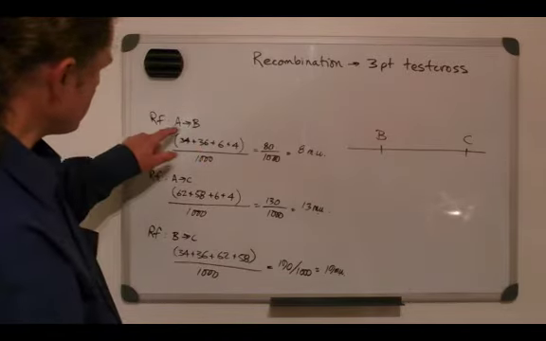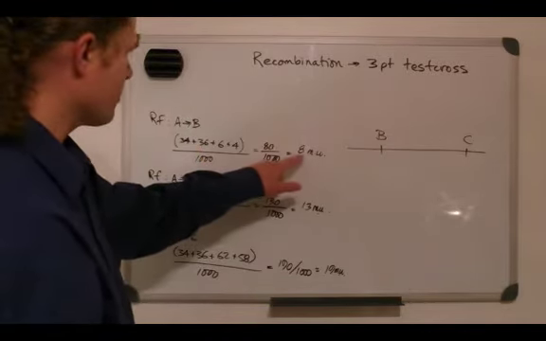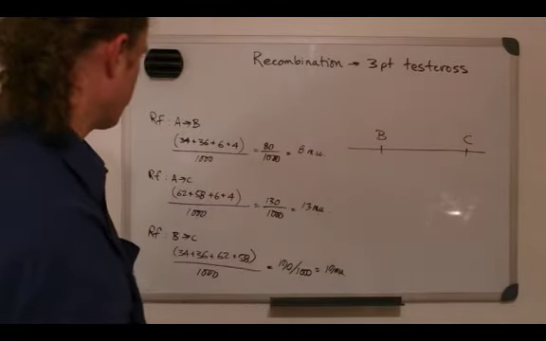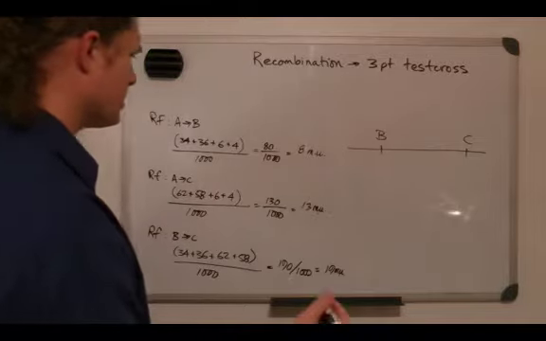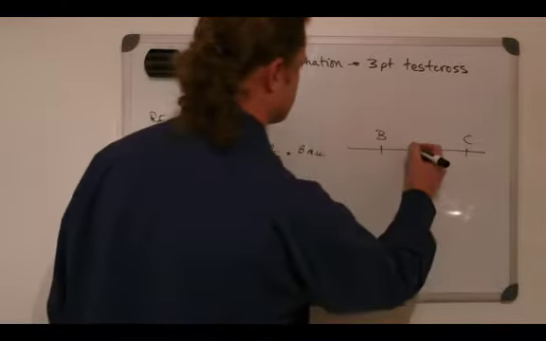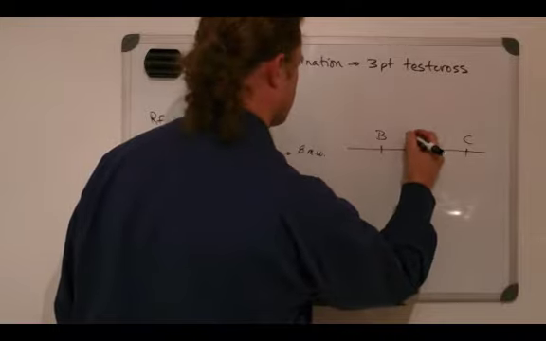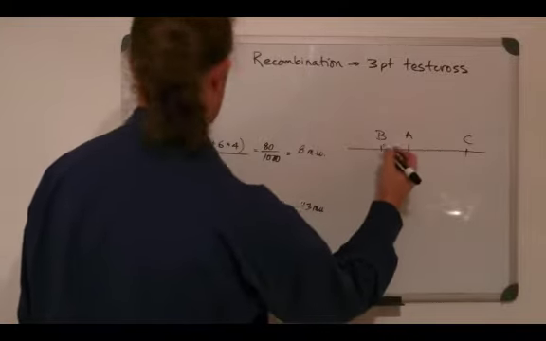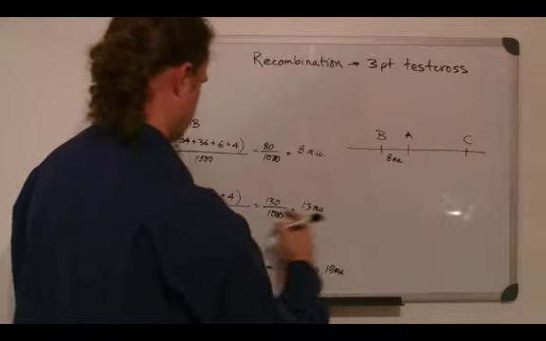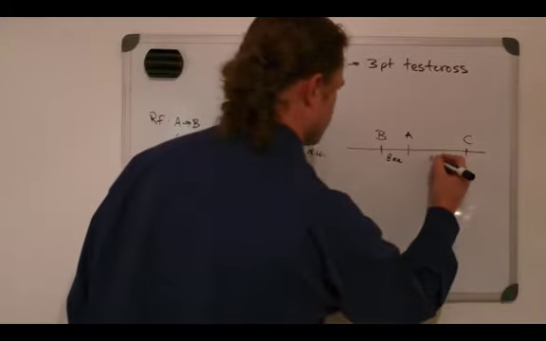Now, if A is 8 map units away from B and 13 map units away from C, then it sits between them, because B and C are 19 map units apart. So we'll put A here, and we can say that that's 8 map units, and then A to C is 13 map units.